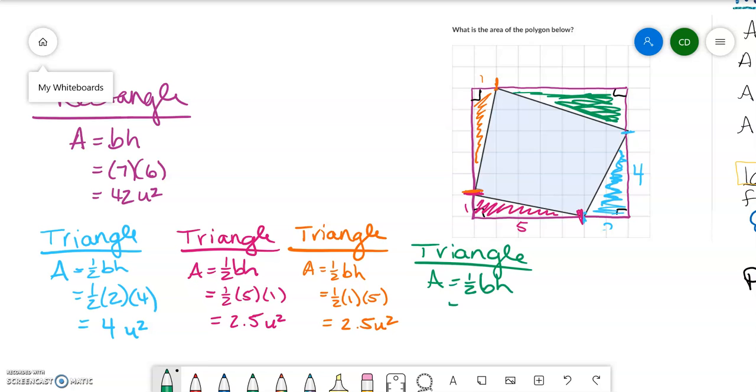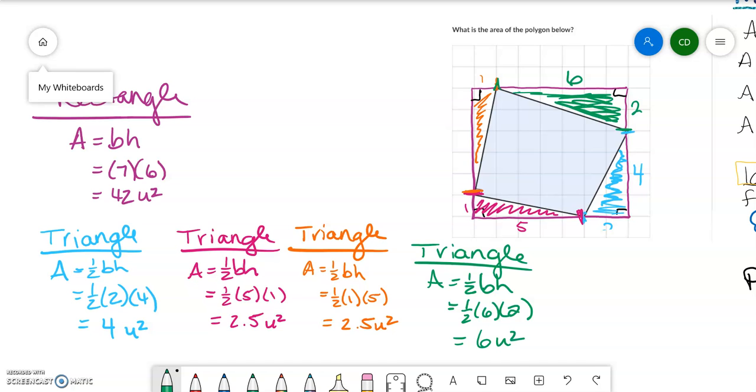I'm going to write my formula down, and then I'm going to find my base and height. Got a base of 1, 2, 3, 4, 5, 6. And a height of 2. So that's going to have an area of 6.